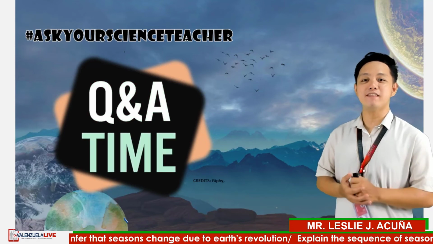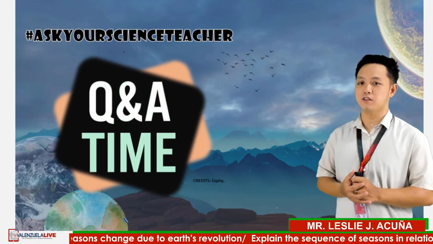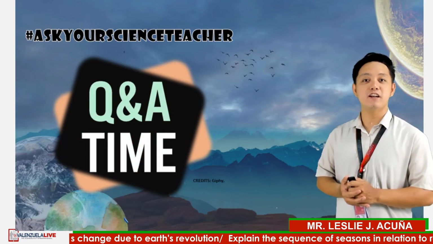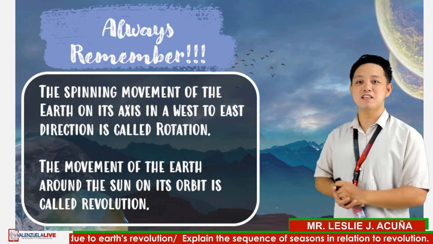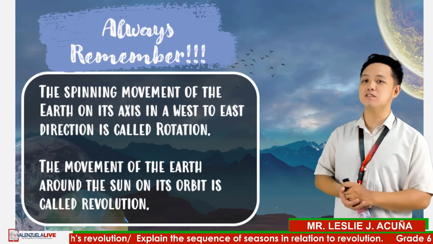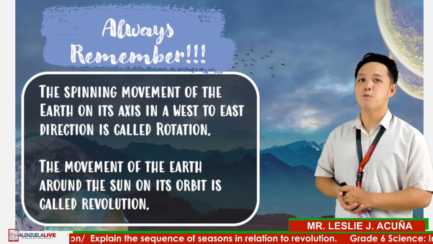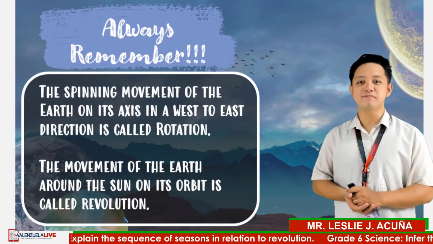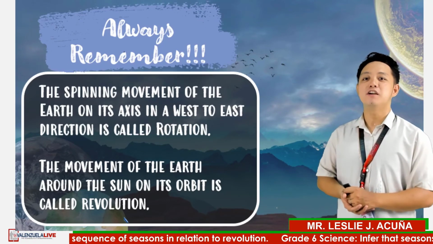But before we end our discussion, let us sum up the important points in our lesson and remember the following. The spinning movement of the Earth on its axis in a west to east direction is called rotation, while the movement of the Earth around the Sun on its orbit is called revolution.